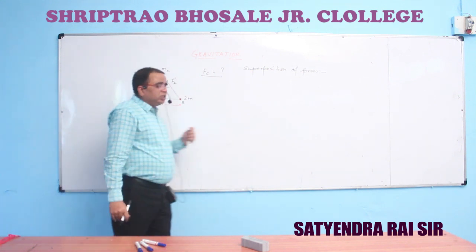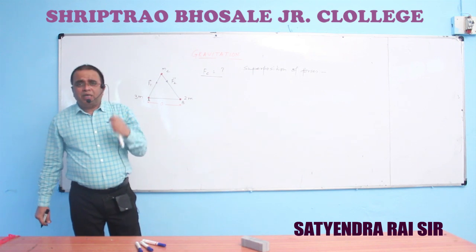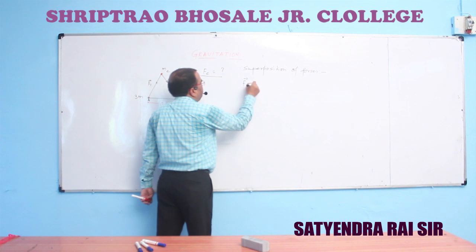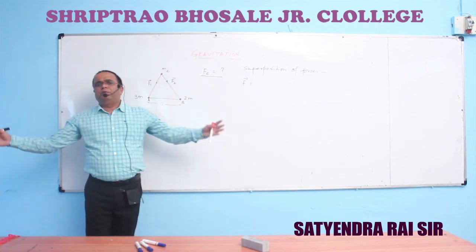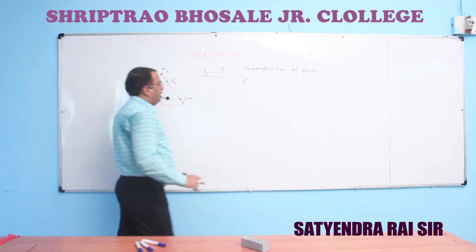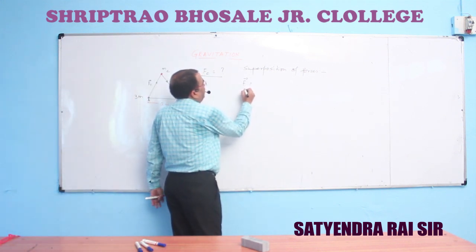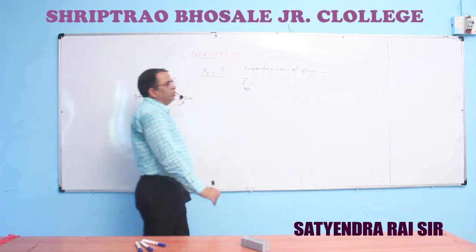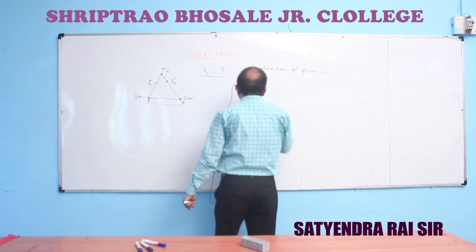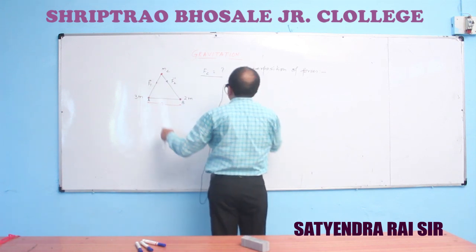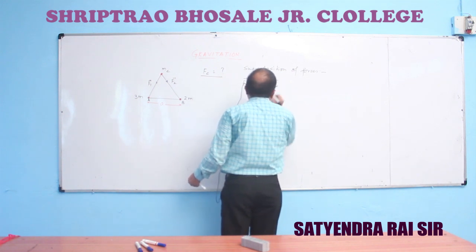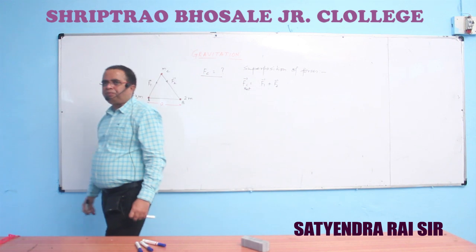By the principle of superposition, if n number of forces are acting on a single particle, then the net force, F resultant, on the particle at C will be the vector sum of these 2 forces, F1 plus F2.